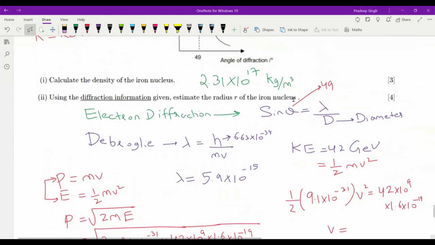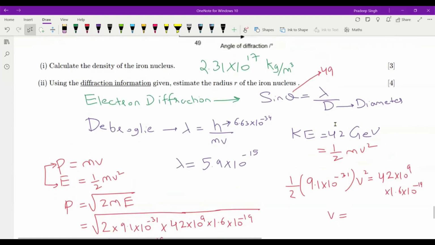Now use the diffraction formula to find diameter and then divide by 2. Be careful, the angle is in degrees. Yeah, 4 into 10 to the power minus 15. Yes, that is the final answer.